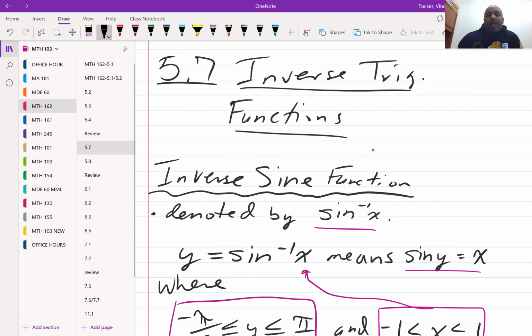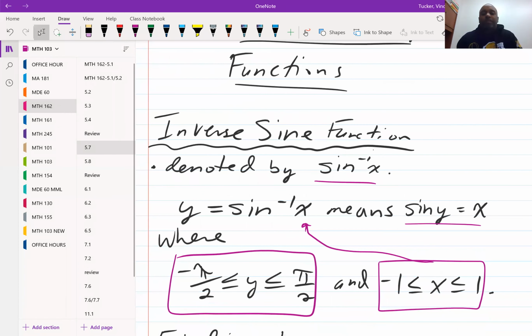All right, so it's denoted by sine with a -1 superscript, like an exponent. So that's sine inverse of x. And so sine inverse of x is the same thing as if I wanted to solve for y: I would apply the sine inverse to both sides in order to cancel out the sine on my y, and then I would have sine inverse applied to x.